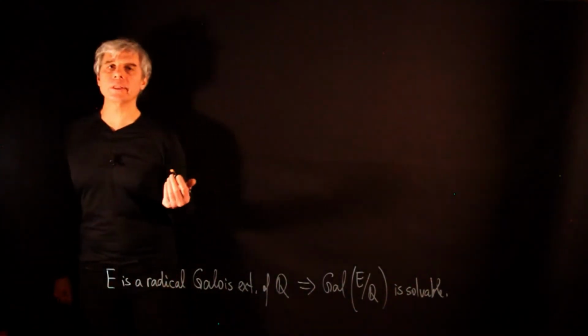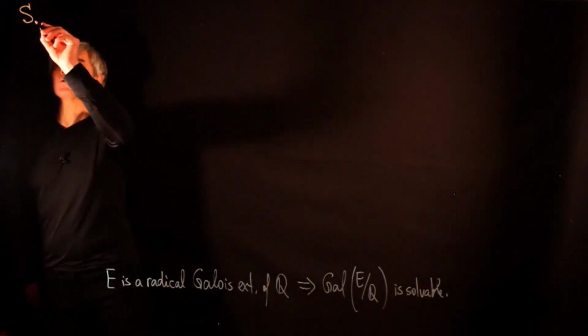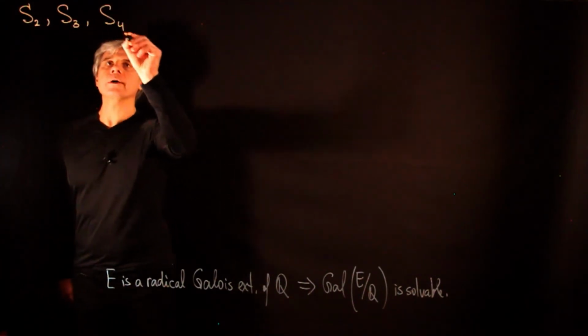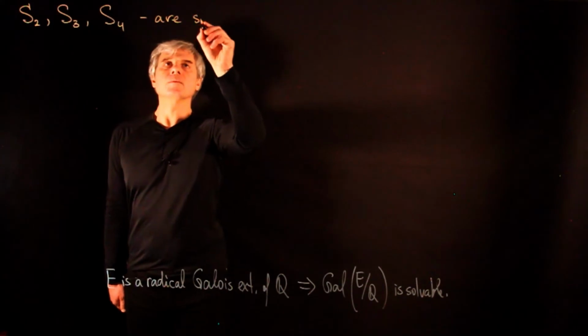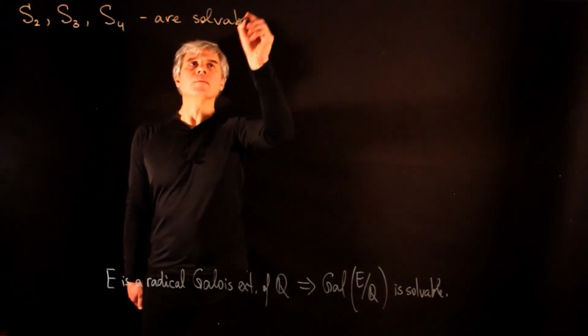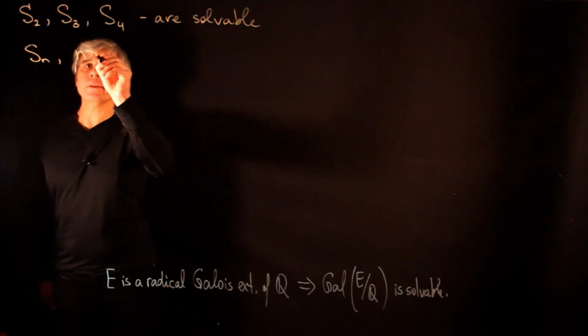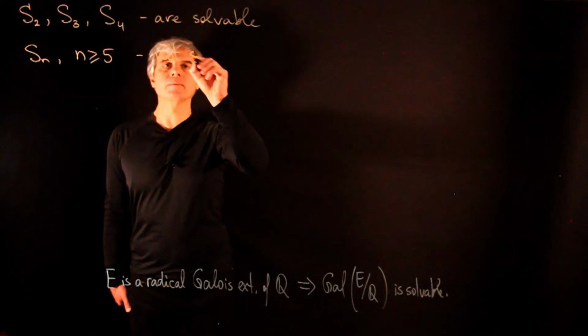So it turns out that the answer is given by group theory: if we take permutation groups S2, S3, and S4, these symmetric groups are solvable. And if we take Sn, where n is greater or equal to 5, these groups are not solvable.